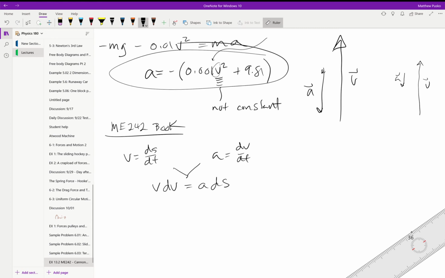We have the acceleration as a function of velocity right now. So what we want to do is get the acceleration and dv together, so I'm going to move ds to the other side.